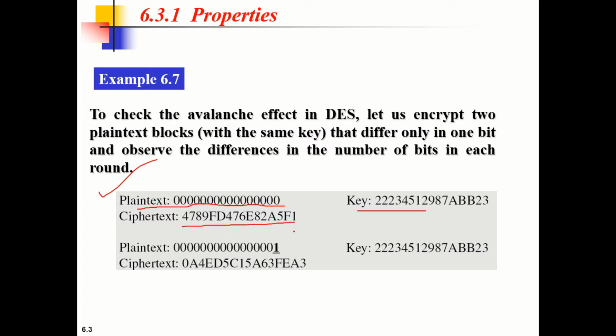Now if we change one bit only in the plain text, so the rest of the bits are 0 and only one bit we have changed, we can see that there is a huge effect on the value of ciphertext, and the key value is same over here. So that is why we can say that DES exhibits strong avalanche effect.